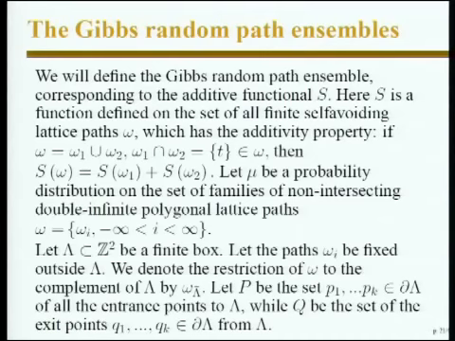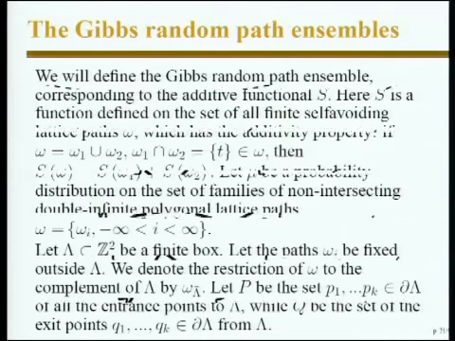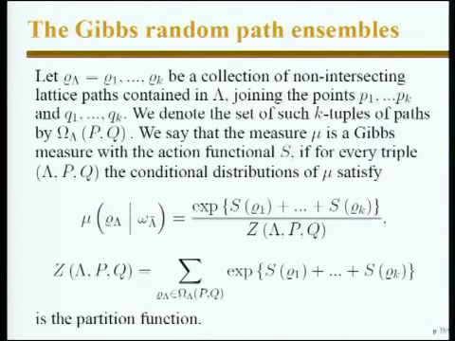And then once I have such a function on paths, or on finite paths, if you want, then I can write down the conditional probability distribution in the following way. I take my box lambda, and I take the set of points where the paths are entering lambda, and the set where they are exiting.